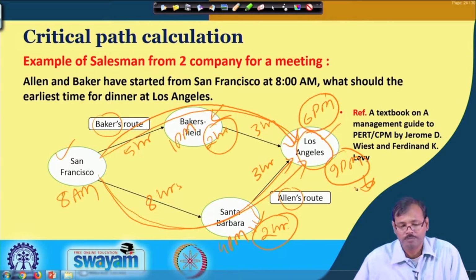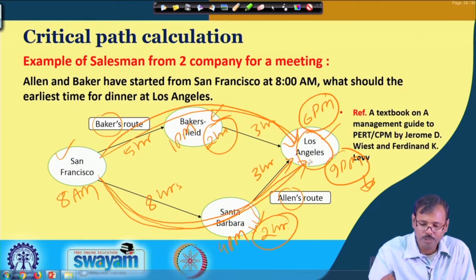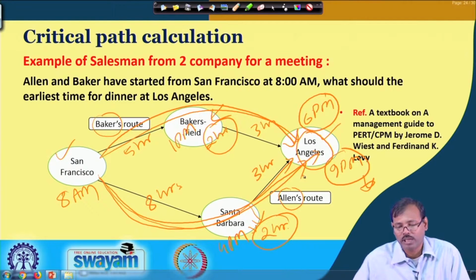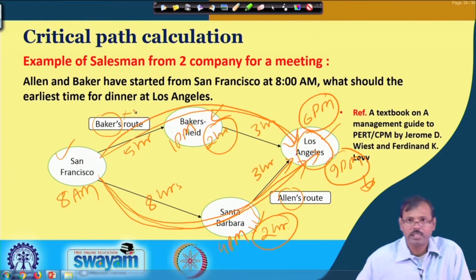So, that means, though Becker will reach at 6 p.m., the job, that is the meeting job which is required to be completed, can be completed at 9 p.m. only. So, the path is showing us the completion of the network time is basically Allen's path, not Becker's path.